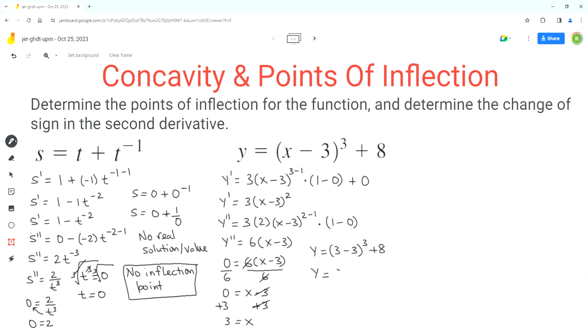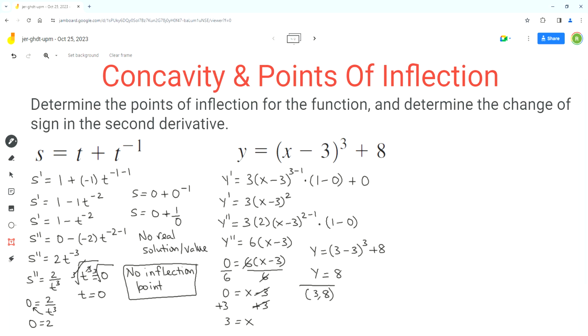So we are left with just 8. Now there is no x value for which the double prime of y will become undefined. So that means this function has only one inflection point, which is (3, 8).